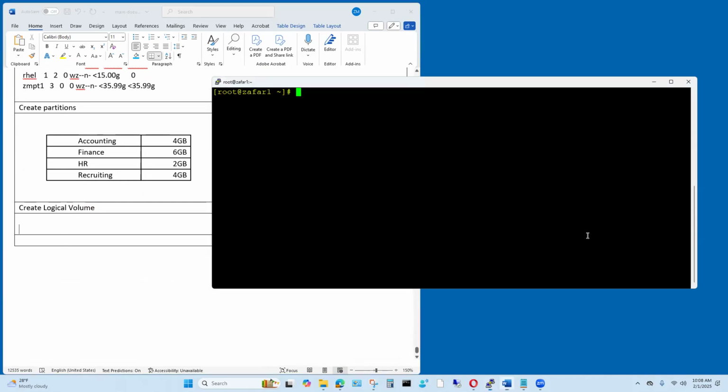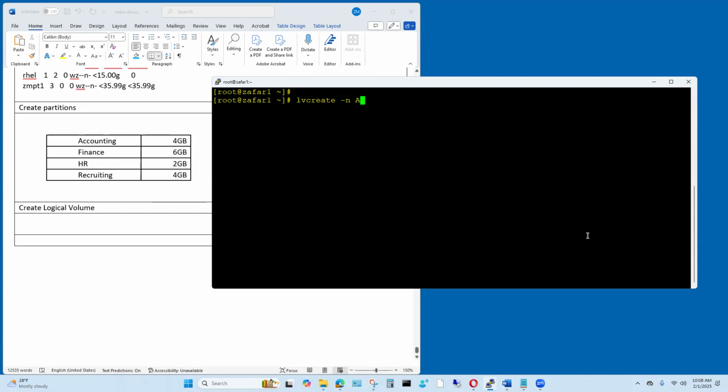We're going to learn a new command, lvcreate. And then we have accounting. We have to give 4 GB. -n means create a new logical volume, and you have to give the name.